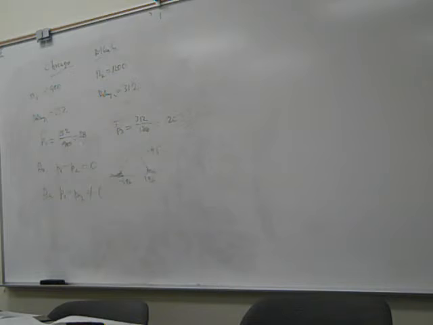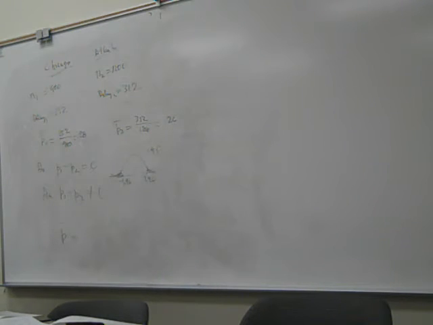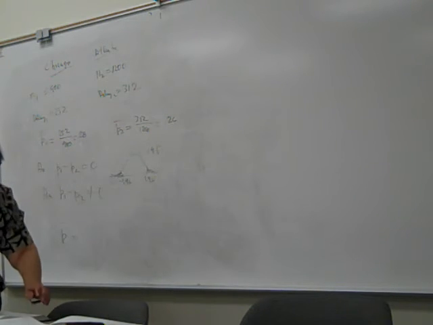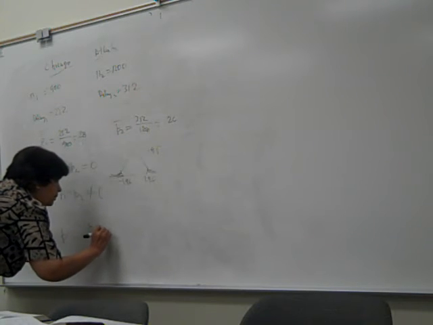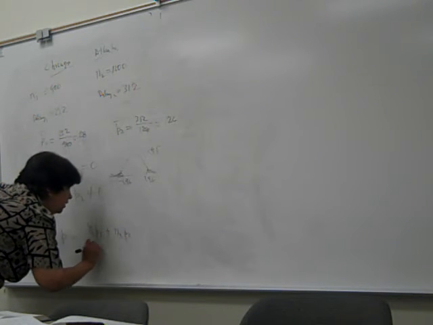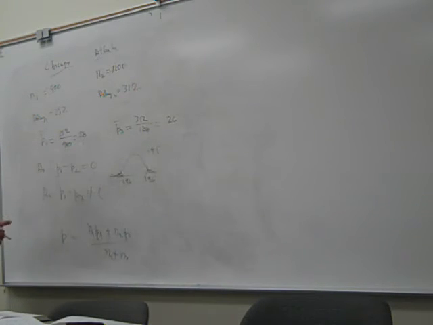First of all, we need to calculate the pooled proportion of the samples. Go to the formula: N1 P1 plus N2 P2 divided by N1 plus N2.